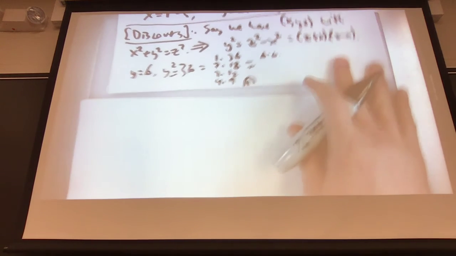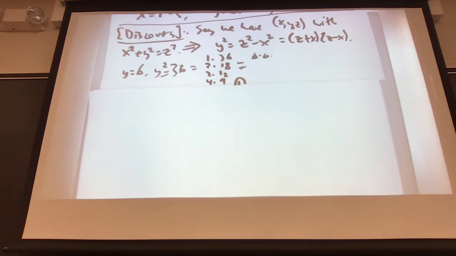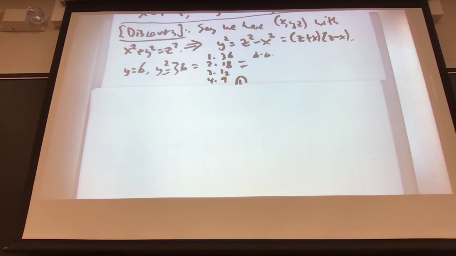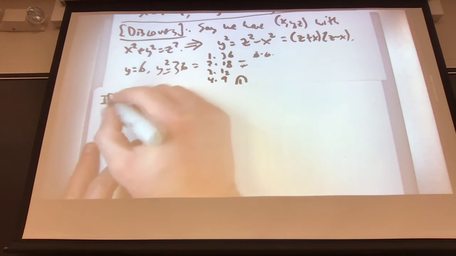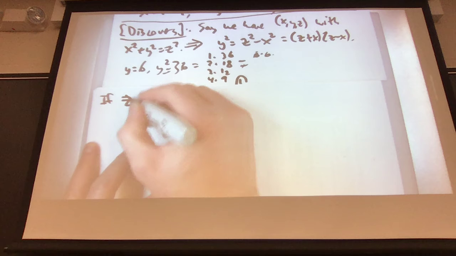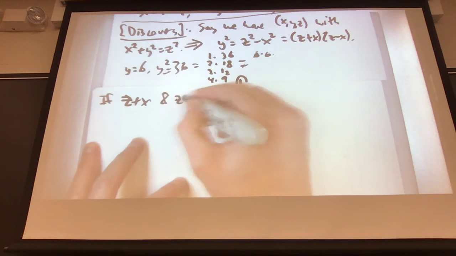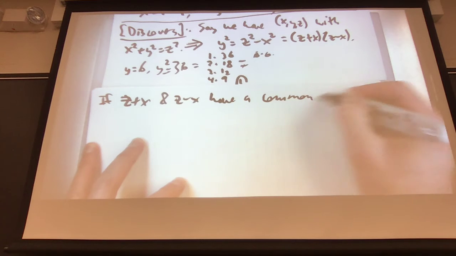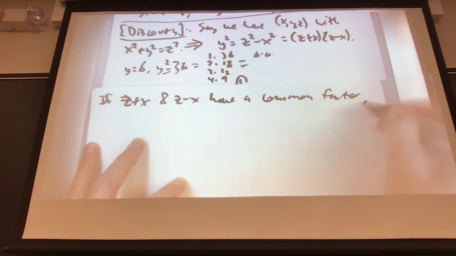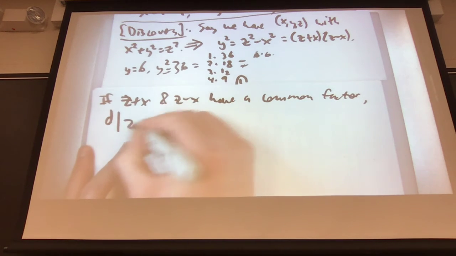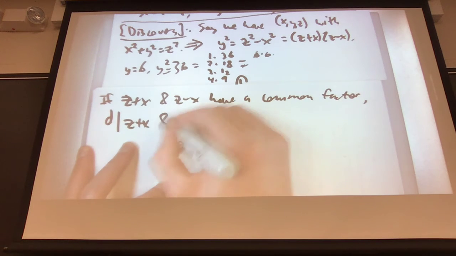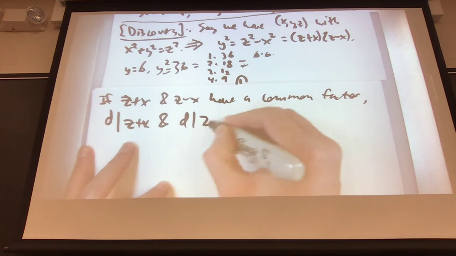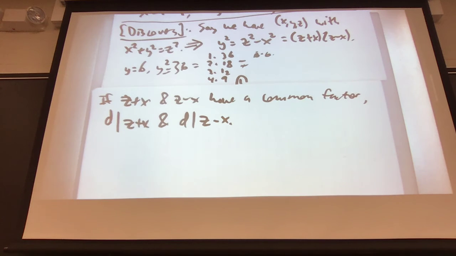So here's why we thought about primitivity. If z plus x and z minus x have a common divisor, so let's say d divides z plus x and d divides z minus x. Then what?